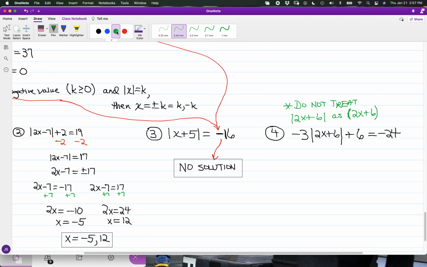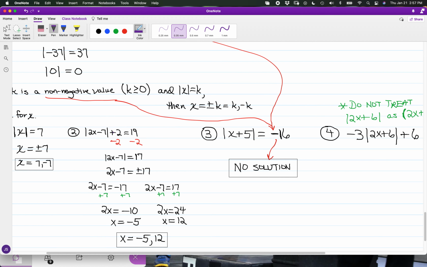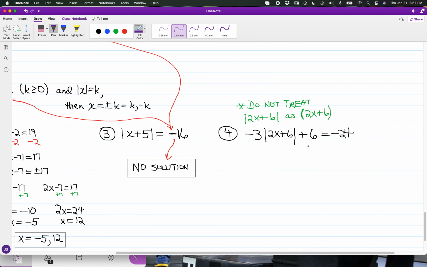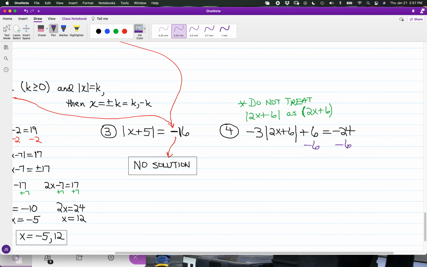So for this setup, just like what we did with the earlier case, where I had the addition of 2, here I have the addition of 6. So I can just remove that constant by subtracting. In the rewrite, we will have negative 3 times the absolute value of 2x plus 6 is equal to negative 24 minus 6.